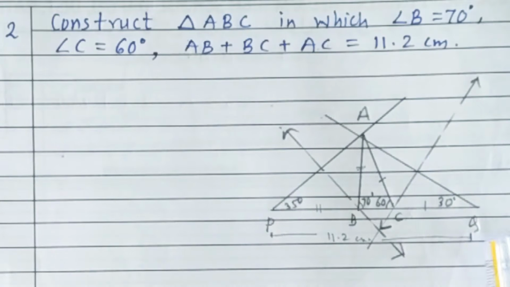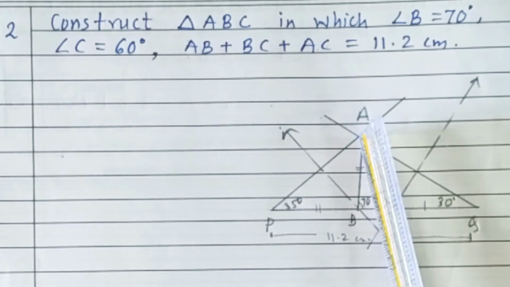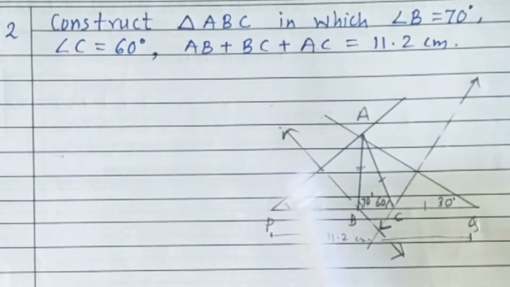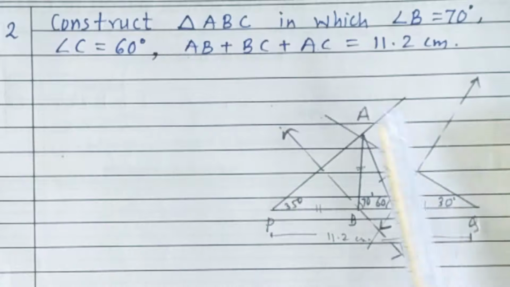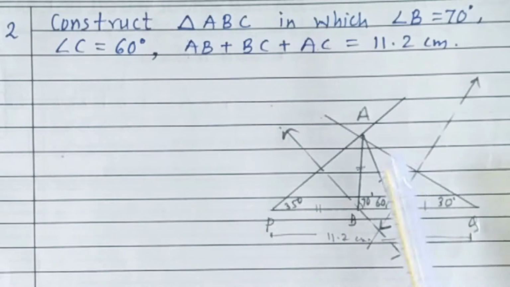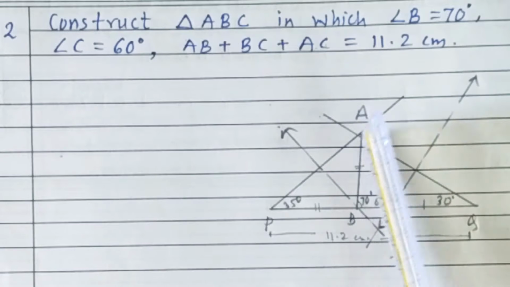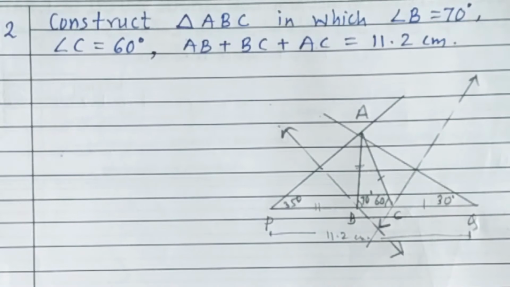Then angle C is 60 degree, so make the angle of 30 degree, half of 60, at point Q, and the point of intersection of both the rays will be point A. Now draw the perpendicular bisector of PA and QA. Wherever these perpendicular bisectors intersect the base PQ will be point B and point C. Join AB and AC, and this is how we will get the triangle ABC.